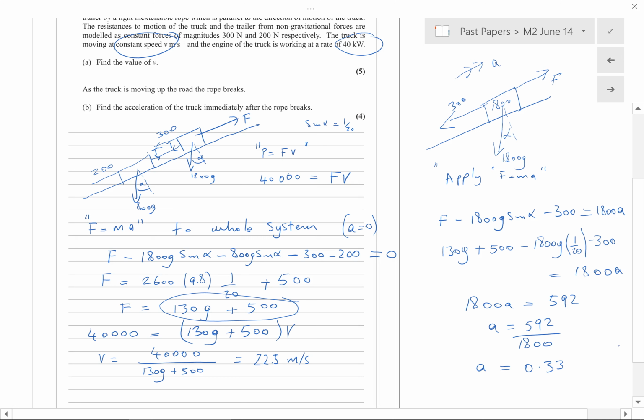They would expect two significant figures, so either 0.33 or 0.329 are the acceptable answers there. Okay, so that's the first 4 questions of this paper done, and we'll do the other 4 questions in the next part.